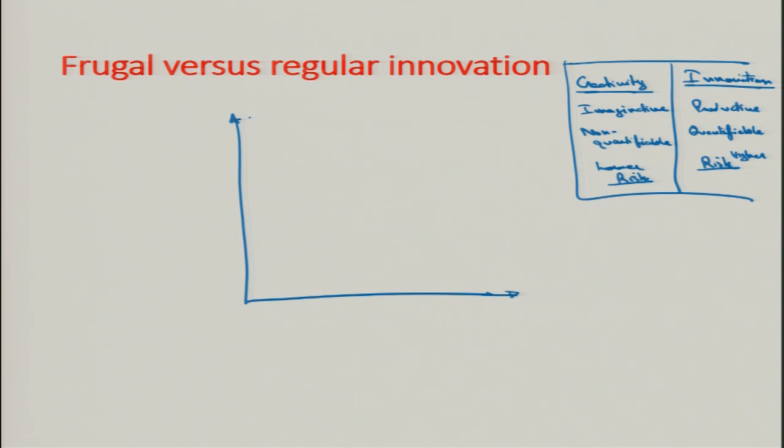So if this is the performance and this is cost, this is regular innovation. Here we have the cheap products, low cost, low quality.